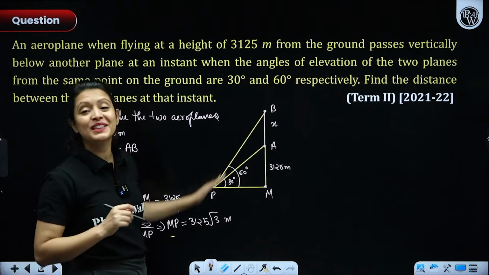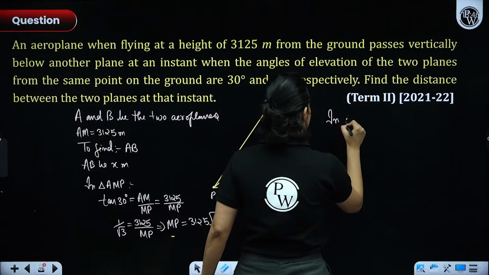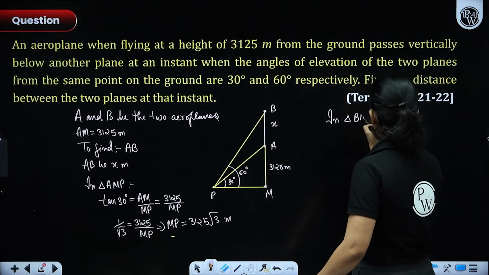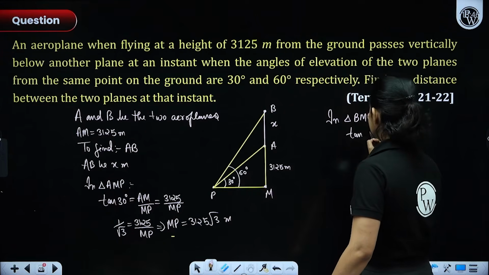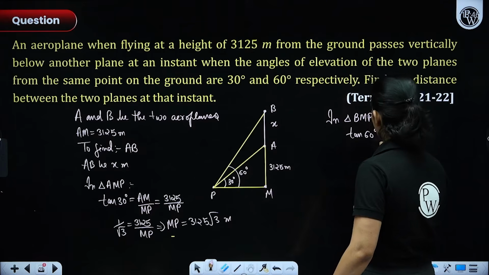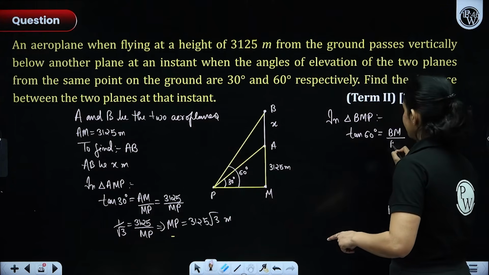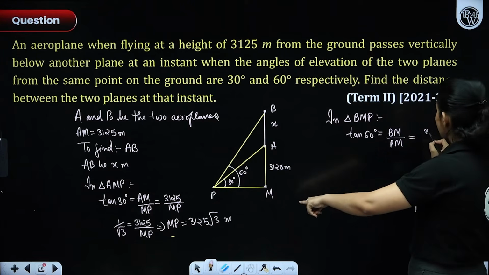Now I will take the bigger triangle. Okay? So now in triangle BMP, what will I have? I will have tan 60 degrees is equal to what? It would be equal to BM over PM. We know the value of BM as x plus 3125.